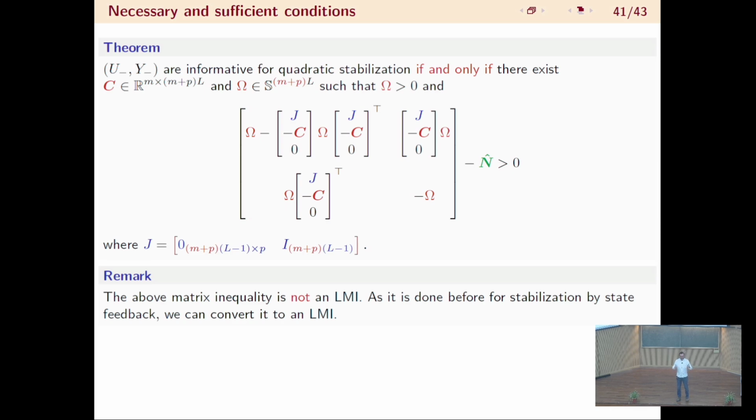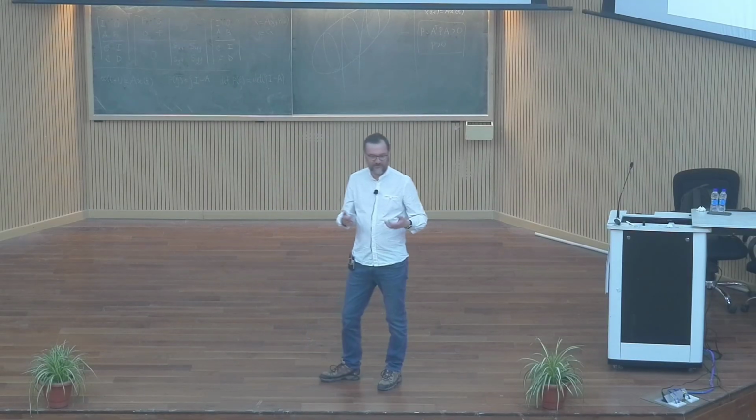Given data are informative for something, a design or analysis problem, if and only if data satisfy some conditions. All the results we have seen are of this nature, right? It is very nice, of course, and I always tell my students that they can impress their family members or friends by saying, give me a matrix, I'm going to find the singular value decomposition of the matrix and so on.